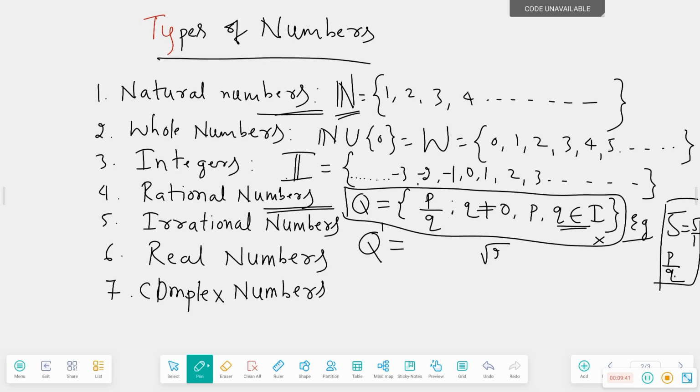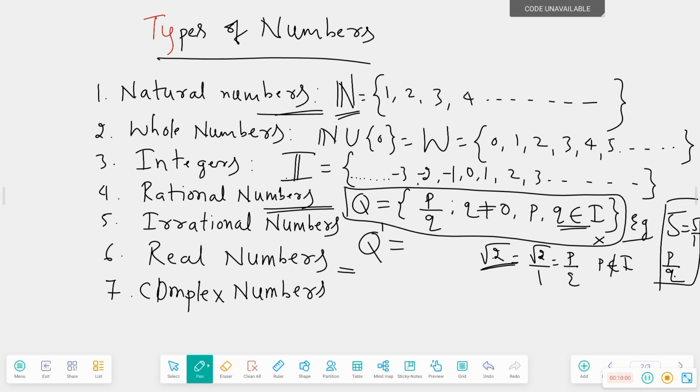For example, see, root 2 is an irrational number. Root 2 can be written as root 2 divided by 1, but it is in the form of P by Q, but P is not an integer here. Therefore, root 2 is called an irrational number.